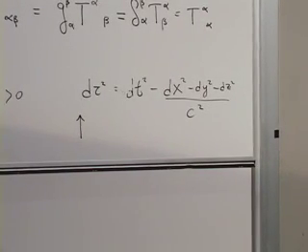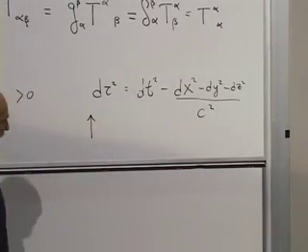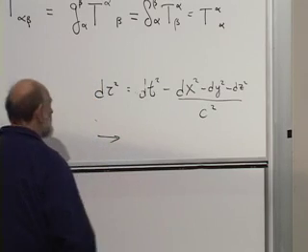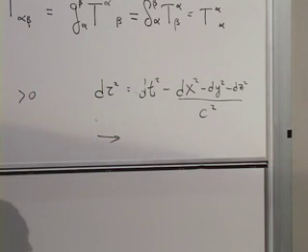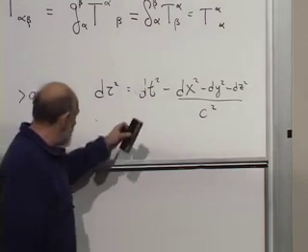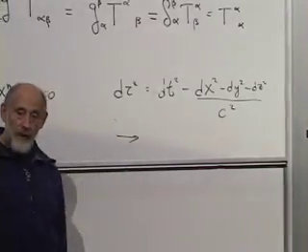There are directions in which d tau squared is negative, a pure space-like vector. So d tau squared, despite the notation as the square of something, is not really positive definite. Space-like vectors have negative d tau squared. Time-like vectors have positive d tau squared.